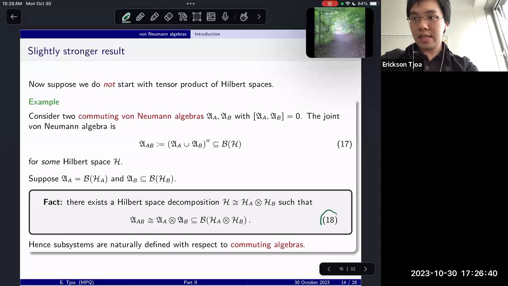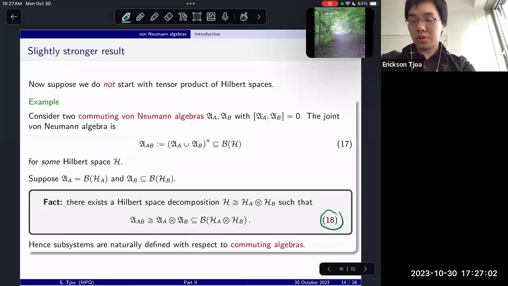So equation 18 tells you that there is a natural way. If you know UA and UB are certain bounded operators on some other smaller Hilbert spaces, then you can do the bipartition of the big Hilbert space and think of the joint algebra of observables as a tensor product of each.